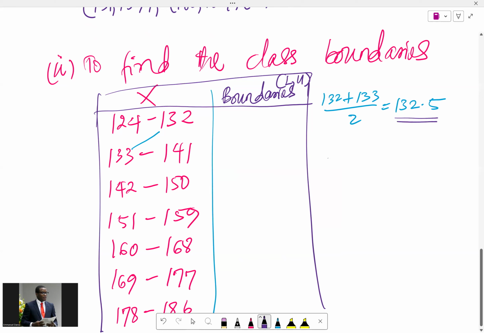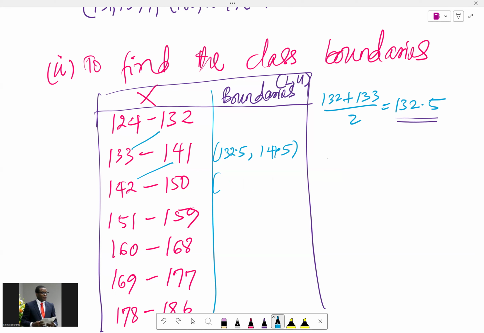So if we want to fix that up, we can even see the pattern. The upper boundary for the first class is 132.5, but it is the lower boundary for the next class, 132.5 comma. For this next one, it will be 141.5, because that'll be 141 plus 0.5. Then the lower boundary for this is 150.5.